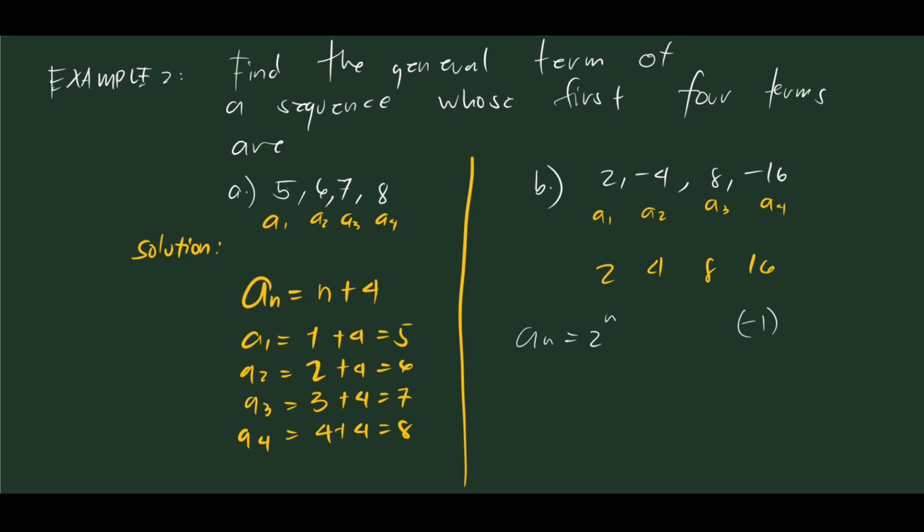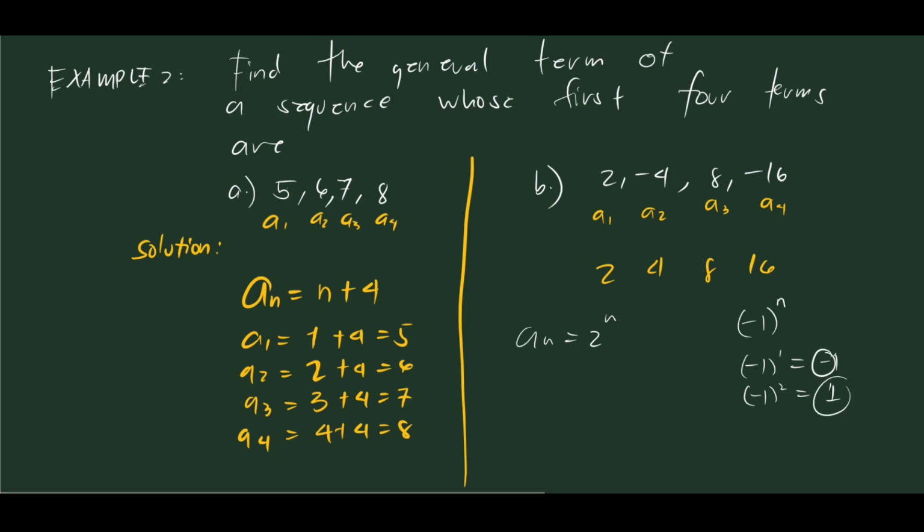Let's experiment. Let's say we give -1 an exponent of n. -1 raised to 1 would be -1. -1 raised to 2 would be 1. So the negative is in the first term, not in the second term. And in our case, we have it in the second term.